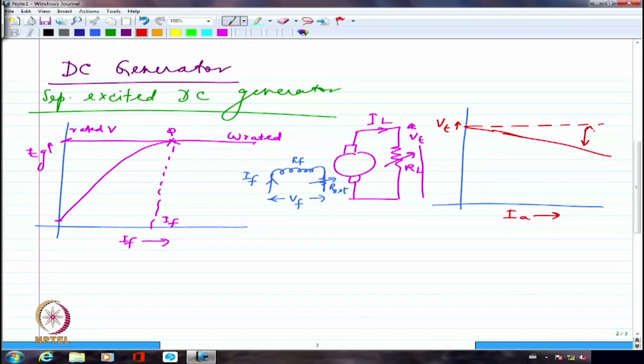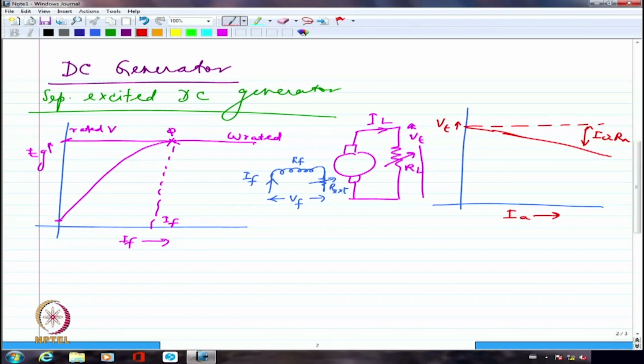I am showing this in an exaggerated fashion, but this is my IA-RA drop. This is because of the internal drop within the machine conductors, which manifest a resistance of RA. This IA-RA drop contributes to the regulation of the DC generator. Otherwise, I should have had the voltage constant at 220 volts or whatever.